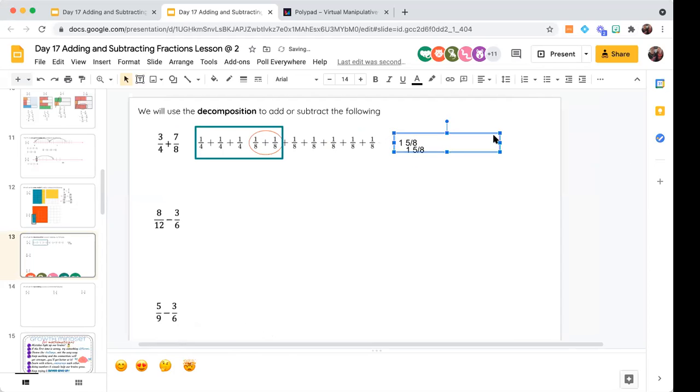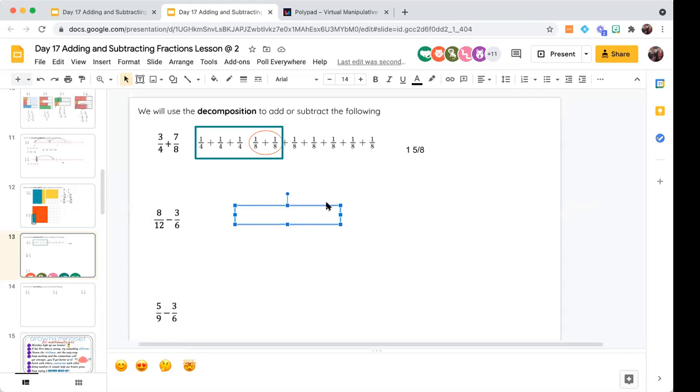All right, let's look at this next one with decomposing. We have ourselves 8/12 minus 3/6. I know that 3/6 is 1/2.